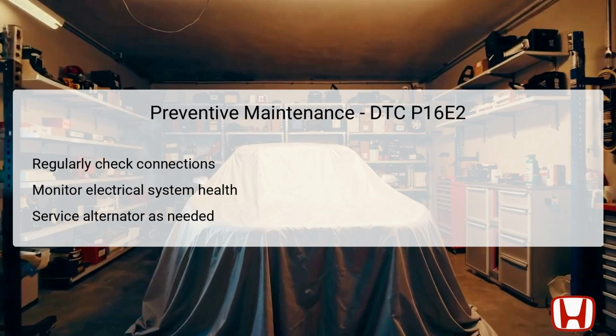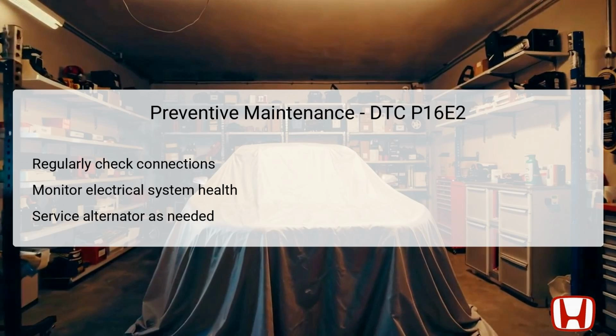Preventive maintenance is key to ensuring the longevity of the vehicle's electrical system and preventing DTC P16E2 from recurring. Regular checks of connections, particularly at the alternator's positive battery terminal, can help avoid issues due to loose connections.